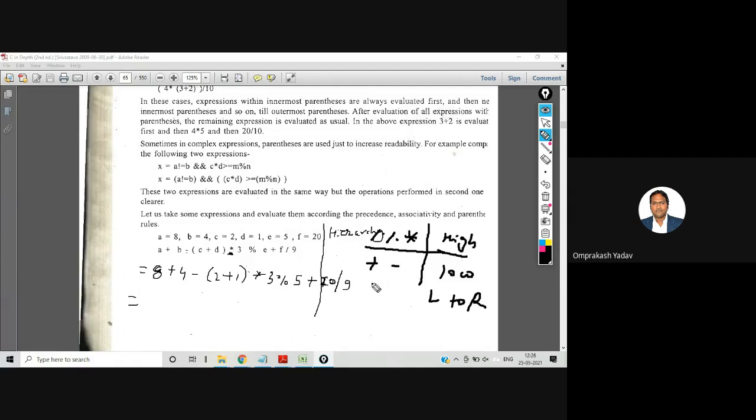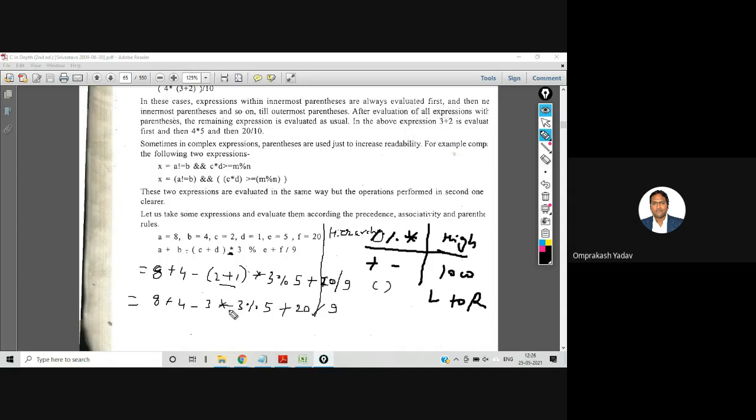Now let's first solve the bracket. So I'm writing the bracket first: 8 plus 4 minus 2 plus 1 is 3, into 3 mod 5 plus 20 divided by 9.